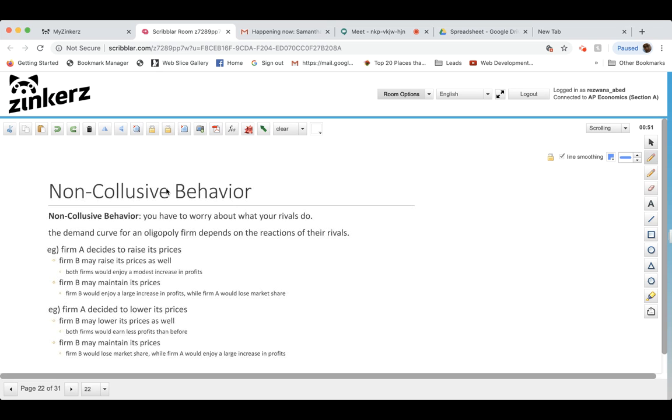So you don't have any agreement with your competitor, but then you have to worry about what your rivals do. So that is non-collusive behavior. And the demand curve for a non-collusive oligopoly firm depends on the reaction of their rivals.